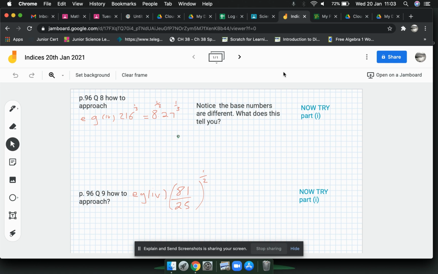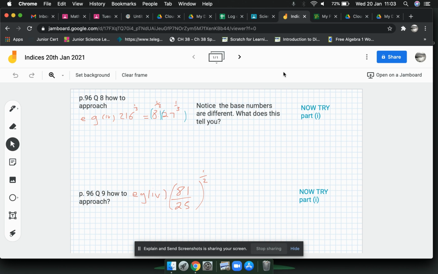So what I could do here, just to make it appear like a normal question, is put a bracket around the 8 to the power of 1/3, and a bracket around 27 to the power of 1/3, just to recognize here that that is a multiplication. Right. What we need to do here is simplify it.